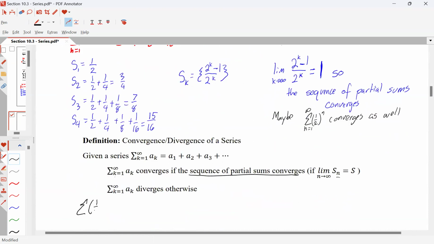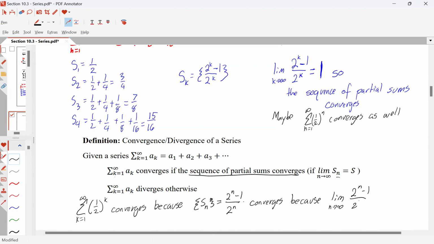So the series of 1/2 to the k, k equals 1 to infinity, converges because the sequence S sub n, switching the n's and k's, which is (2 to the n minus 1) over 2 to the n, converges because the limit as n goes to infinity of (2 to the n minus 1) over 2 to the n equals 1. So the series converges because the sequence of partial sums converges.